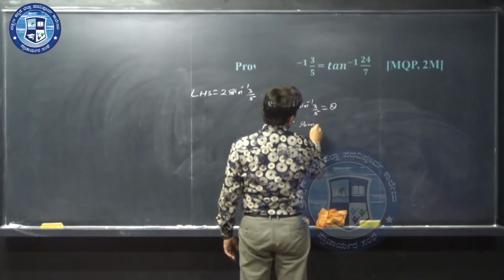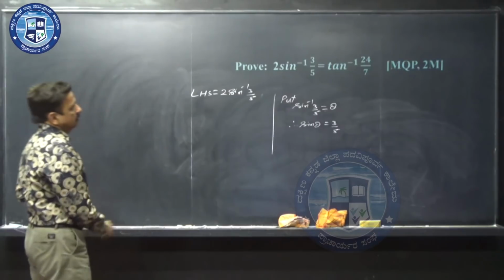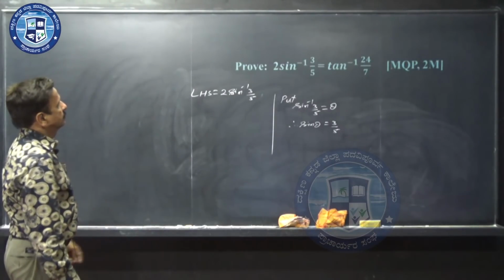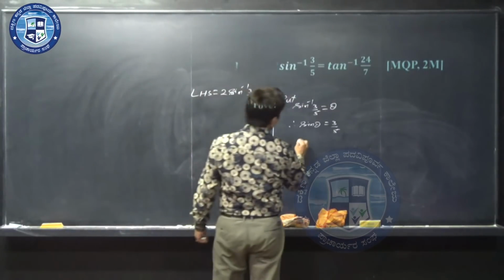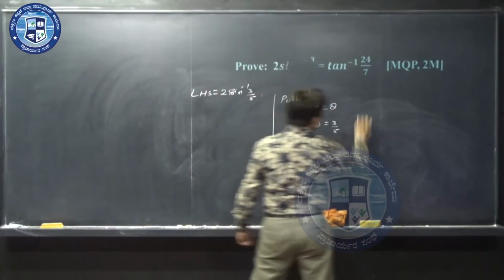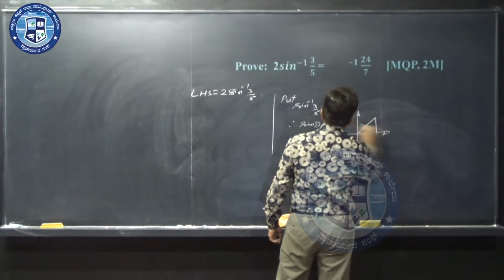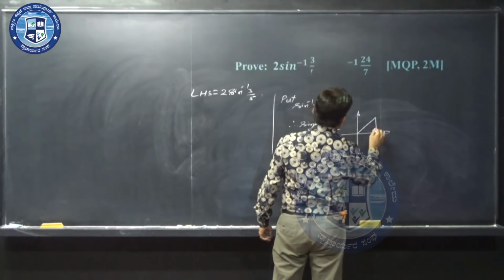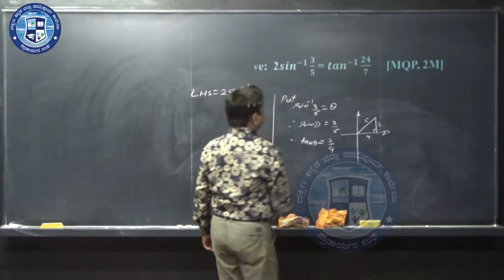Therefore, sin theta is equal to 3/5. Therefore, tan theta is equal to, if you complete the triangle in the first quadrant, because sin theta is positive, you find that this is 3, this is 5, obviously this is 4. So, this will become 3/4.